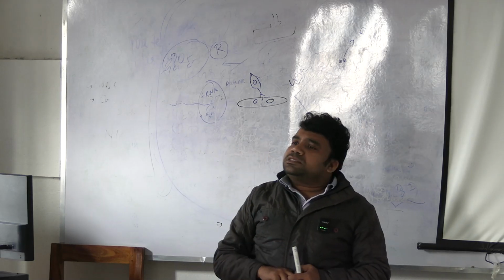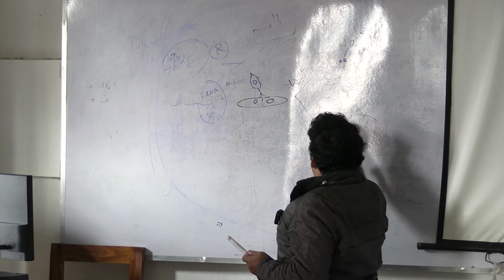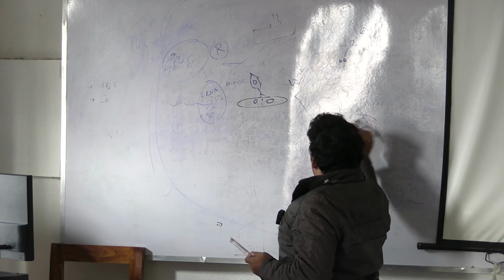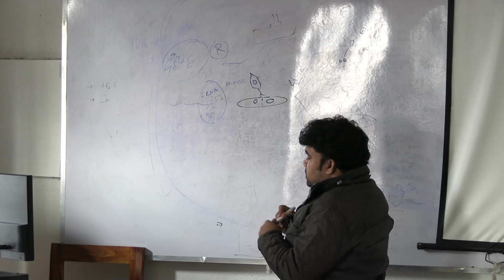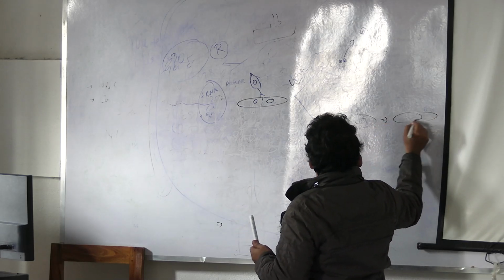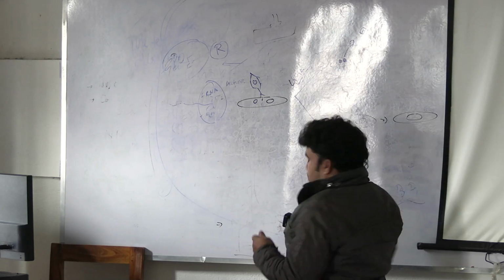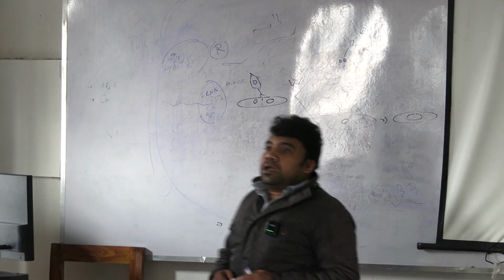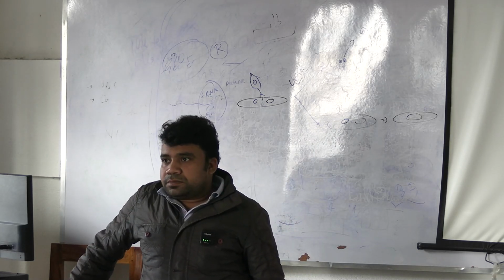Sometimes this doesn't happen. What results is that the DNA of the virus does not replicate, but ends up integrated within the bacterial DNA. And it remains in a dormant stage.